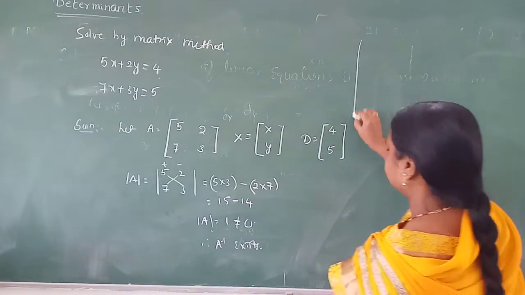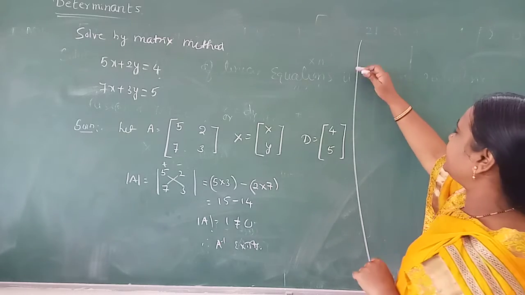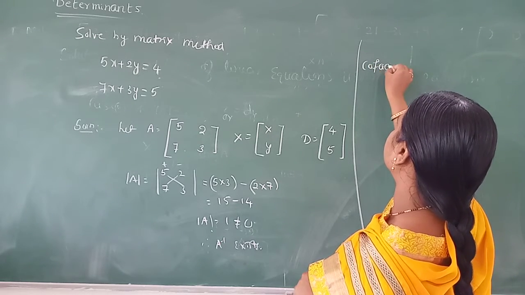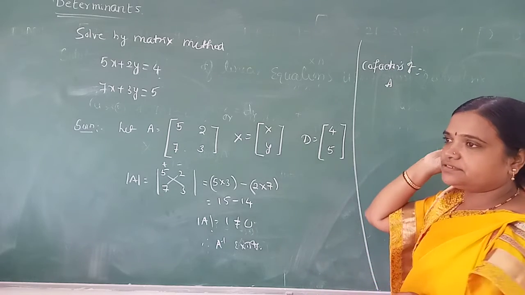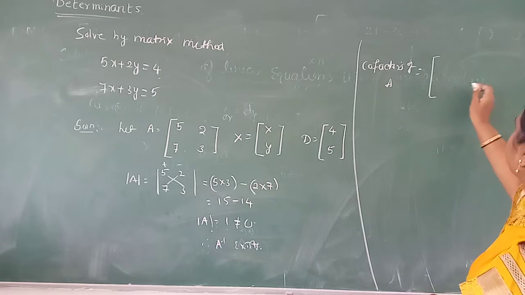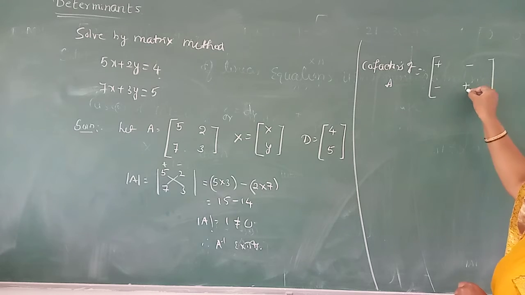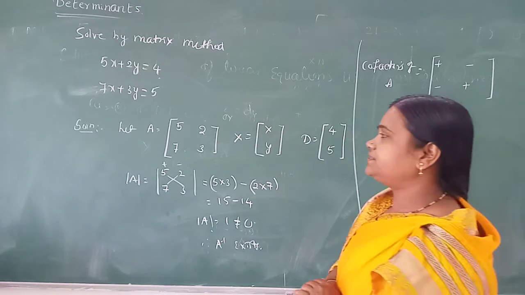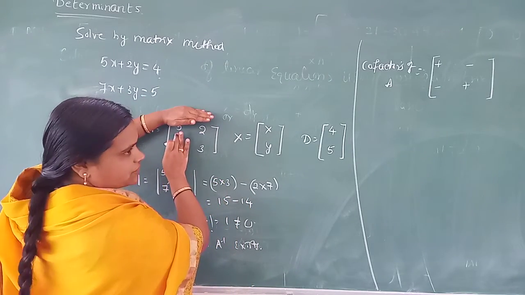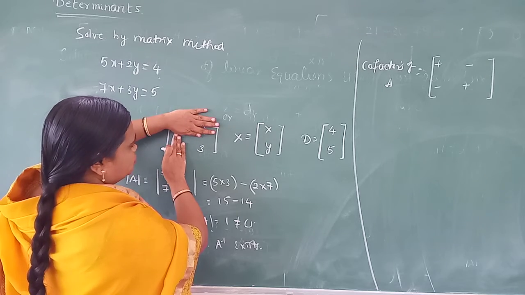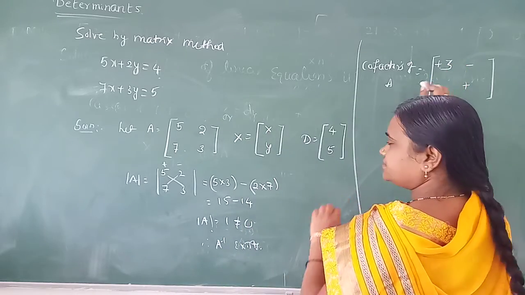Next calculation. Let's concentrate. Cofactors of A: this is plus, minus, minus, plus. First, for 5, remove the corresponding row and column; you get 3.